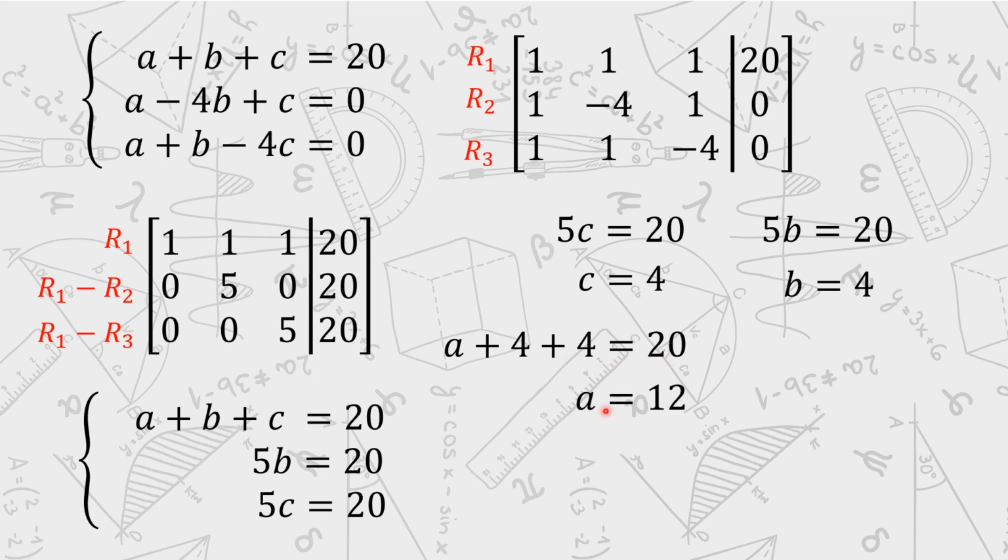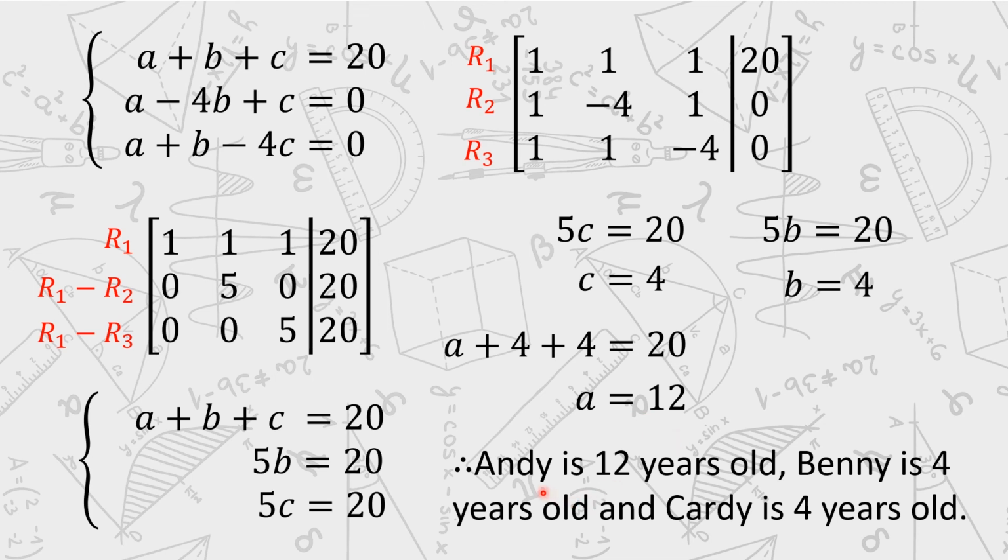And from here, A is equal to 12. Hence, Andy is 12 years old since A equals 12. Benny is 4 years old since B is equal to 4. And Cardi is 4 years old since C is equal to 4.